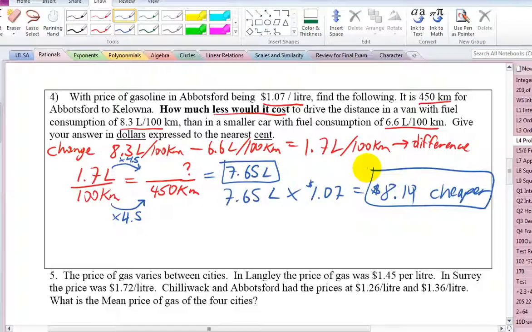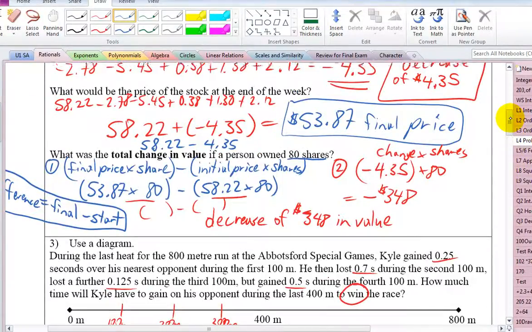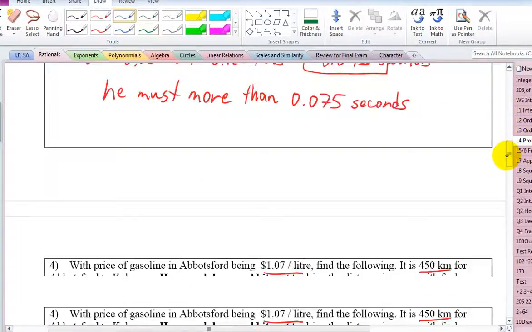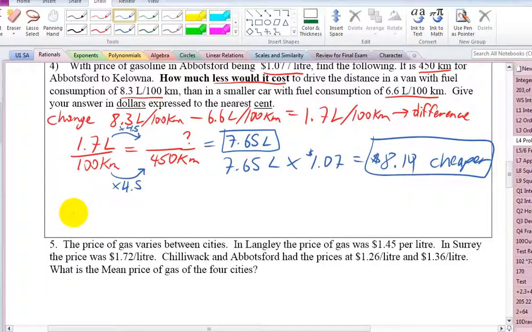Yes. Could you not just find the money for each car? Exactly, I was just going to say that. So just like the question up above, what we did is this method, finding the change or the difference between the consumption. You could also just find the two costs, and find the cost minus the cost.